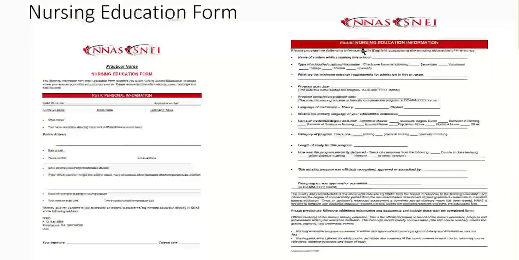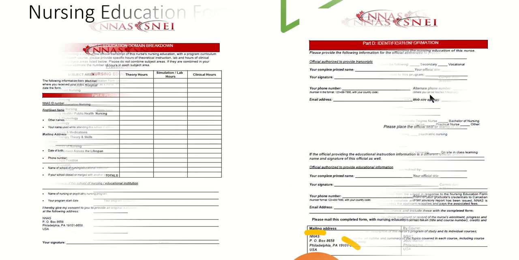This is the B. This would be filled out by the university. Oh, no, no. You still have to fill this out. Sorry. So you have to fill this out and you have to fill this out.